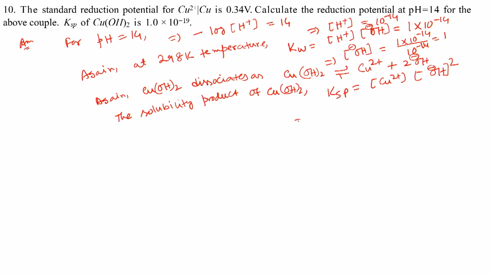So we can calculate the concentration of Cu2+ as Ksp by concentration of OH- raised to the 2. The value of Ksp we know is 1 times 10 to the minus 19 by 1 squared. So we get the Cu2+ concentration as 1 times 10 to the minus 19. Okay, so now we know the concentration of Cu2+.